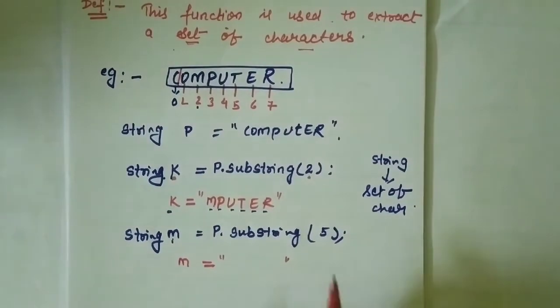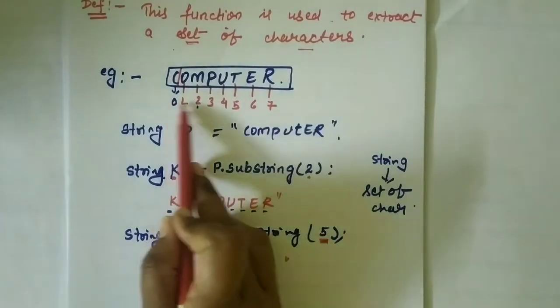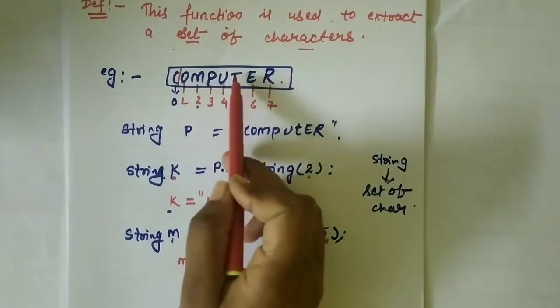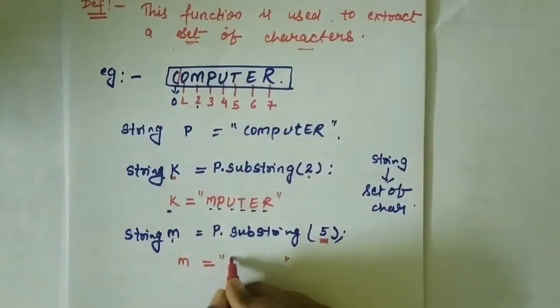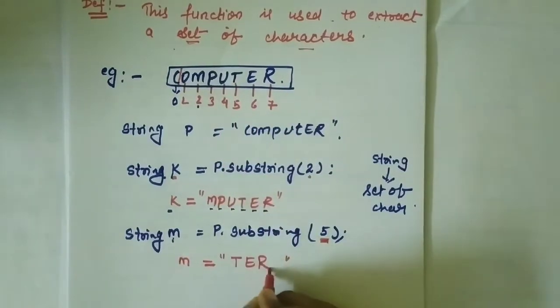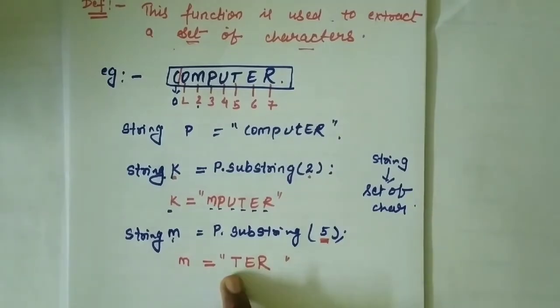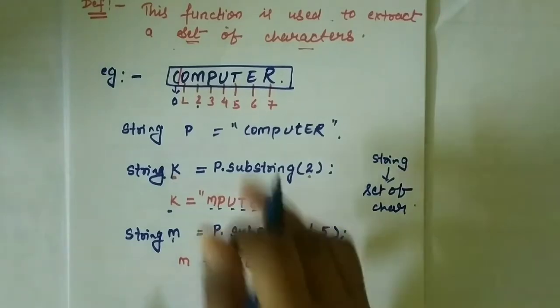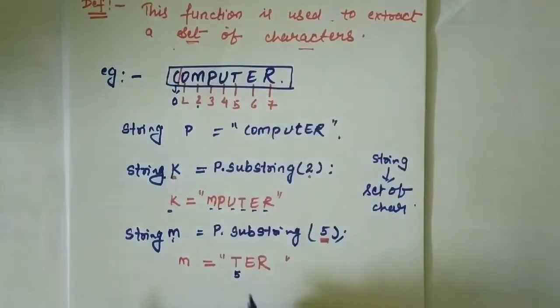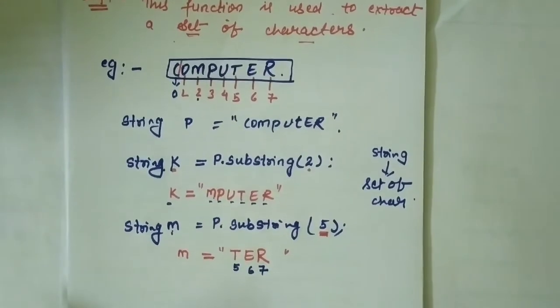Let's see the 5 position. Which value is there? T. So m stores TER. That means starting with the 5th position, the position of T is 5, then go to the end of that string: 6, 7. Okay. Next.